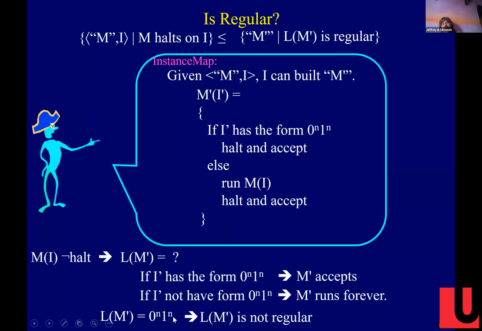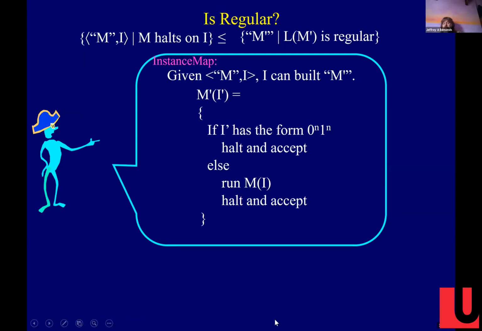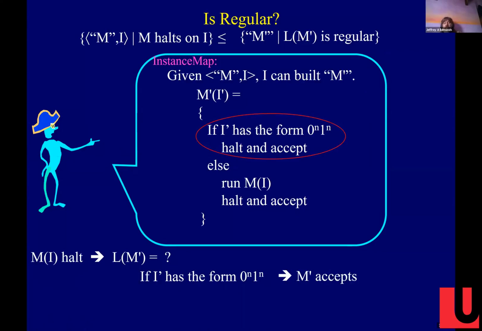Anyway, the point is that the language is 0 to the n, 1 to the n, and that's not regular. Now let's go over to the case that M does halt. If M does halt, what does it do on inputs of the form 0 to the n, 1 to the n? Well, it halts and accepts them.